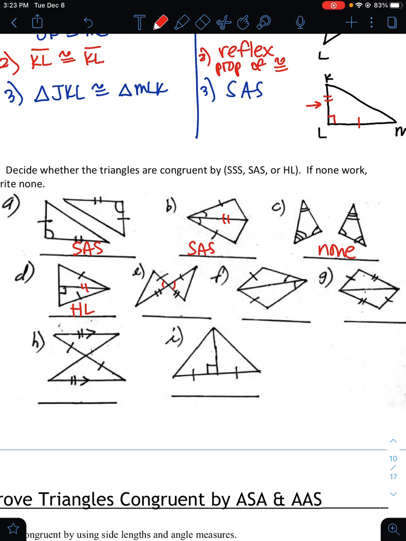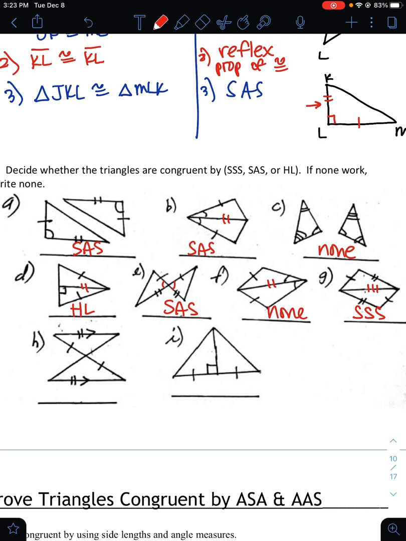Mark your vertical angles. That gives me SAS. Mark reflexive, and that gives me nothing. The angle is not included, so that does not guarantee congruence. Mark your reflexive, side, side, side.